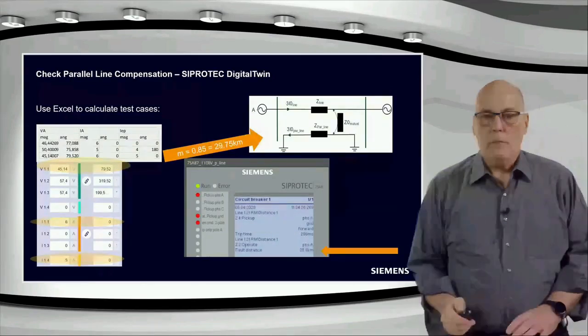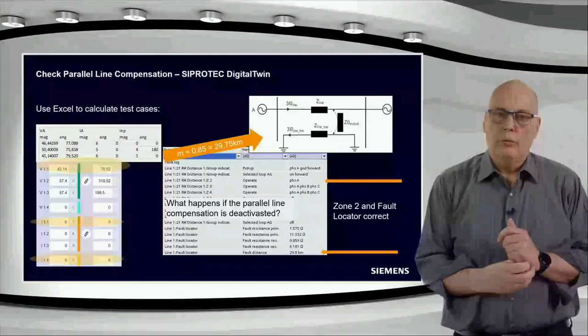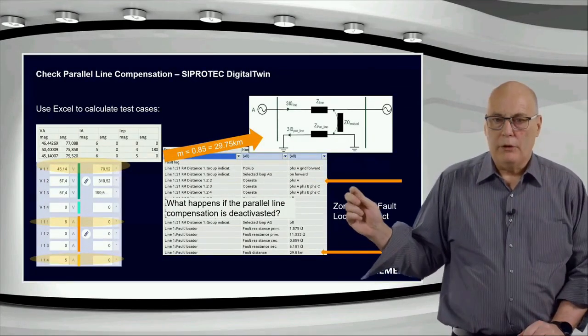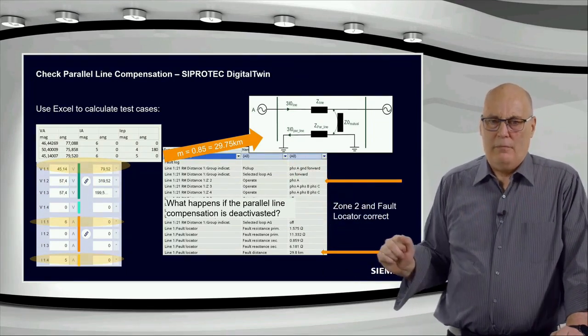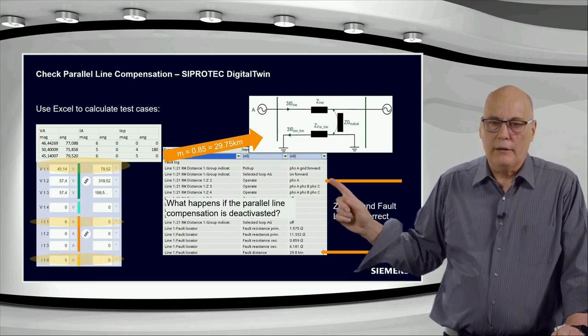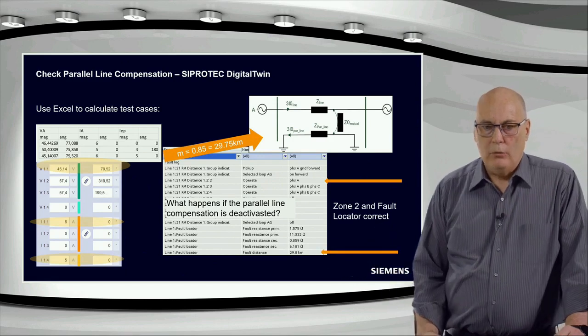Then finally, just to check something, we relook at this case over here. This fault should be seen in zone 2 and not in zone 1. And if one looks here carefully, you can see it was a zone 2 operate for that second case. And the fault location is at 29.8 kilometer where we expected.